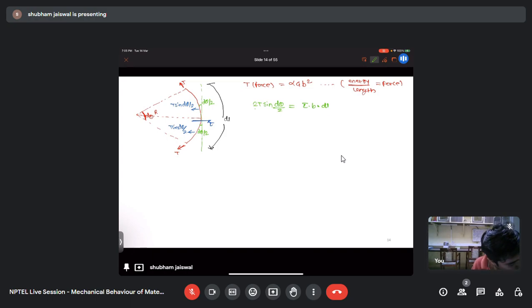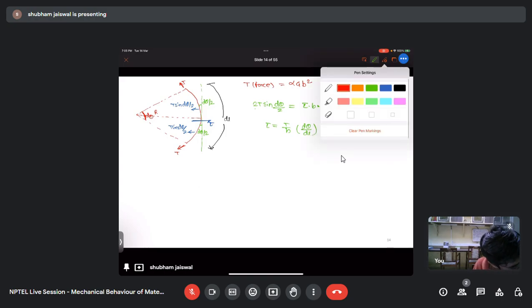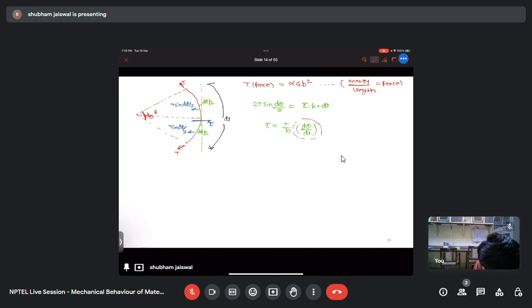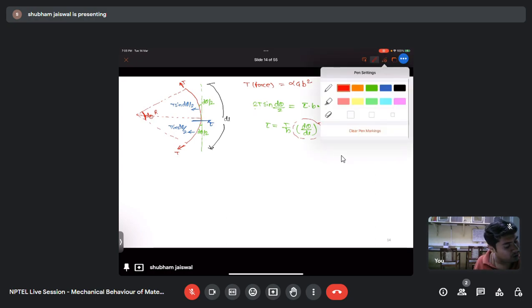Okay, so this tau is nothing but T by b d theta upon dl, and this whole term is nothing but 1 upon R, and tension is nothing but energy.